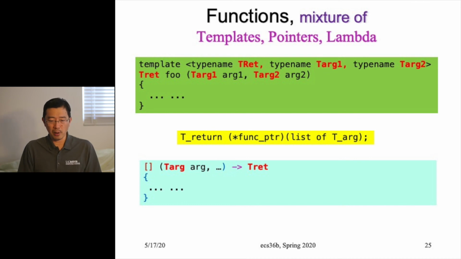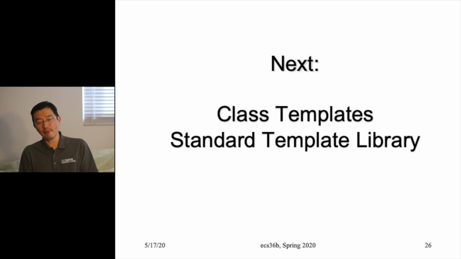The template goes together very nicely with both pointer and lambda and pointer to function. They're also equivalent to each other. Together, you can write really powerful code that is very generic and yet can handle all kinds of situations. So that's my introduction to function template.